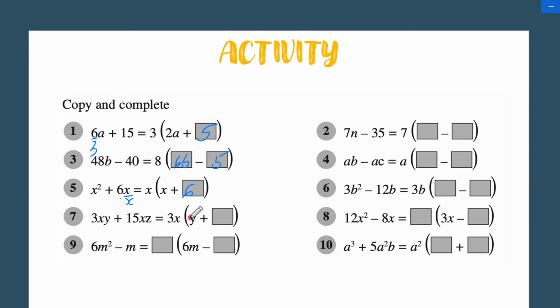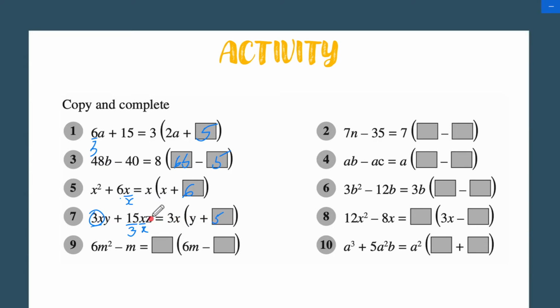Okay, here you had 3 x's factorized, so if you divide this by 3x, you're gonna be left with the y. Okay, if you divide this by 3, so y is here, plus if you divide this by 3x, this divide by 3, and this divide by x. So 15 is gonna turn into 5.